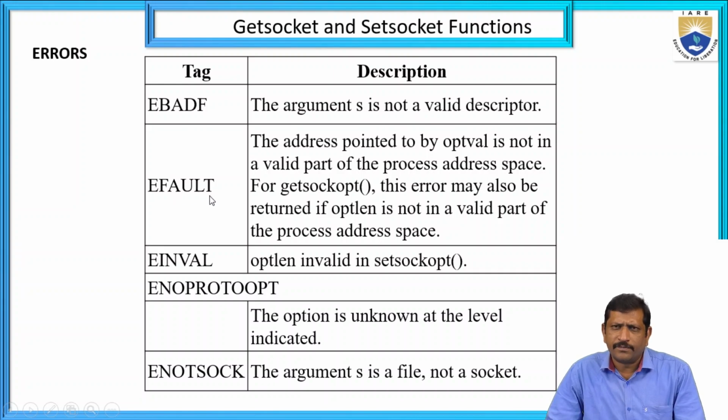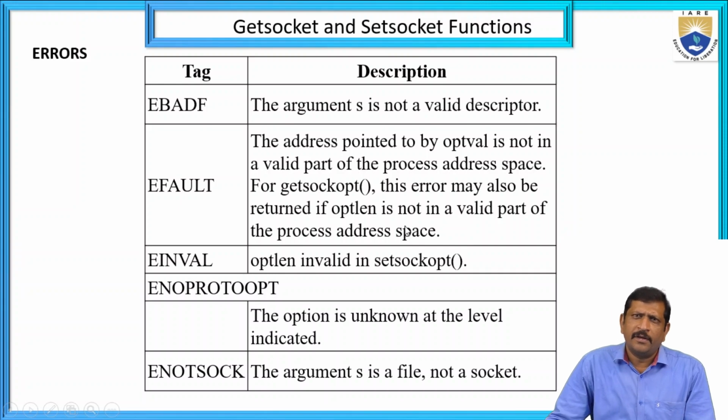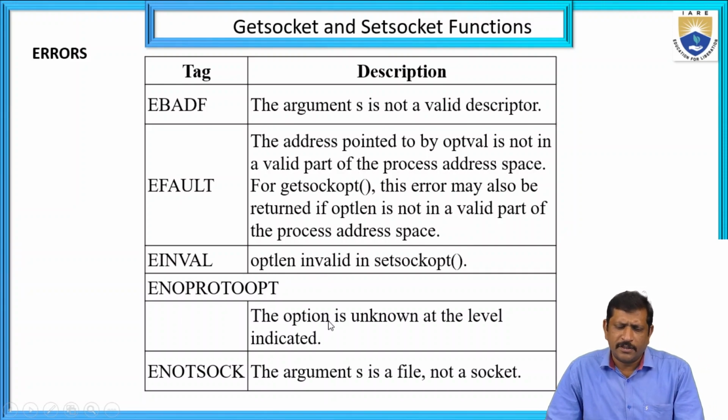EFAULT, error on fault: the address pointed to by opt value is not in a valid part of the process address space. For get socket, this error may also be returned if opt length is not in a valid part of the process address space.